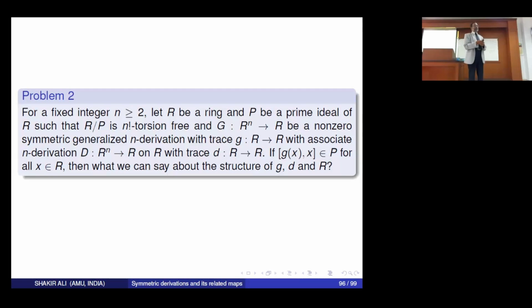So this is the benefit when we consider the prime ideal with derivations. Of course, with a prime ideal P and D and G derivations with traces D and G, if Gx is in P for x belonging to P, then again we can say something about the structures of the maps as well as the ring.